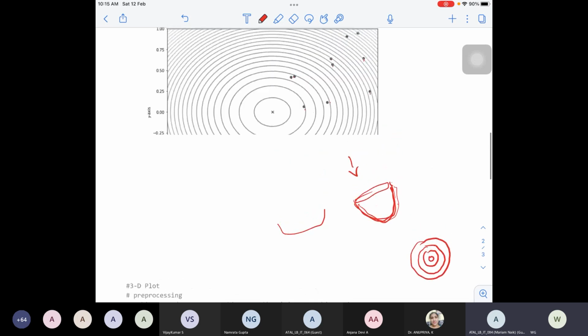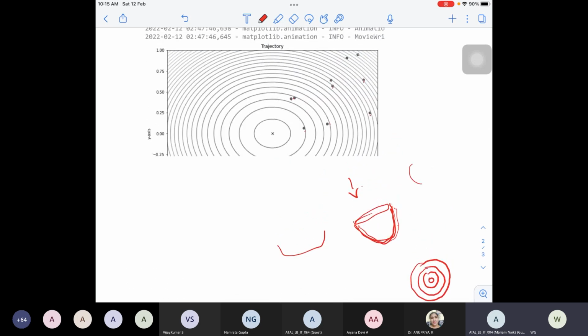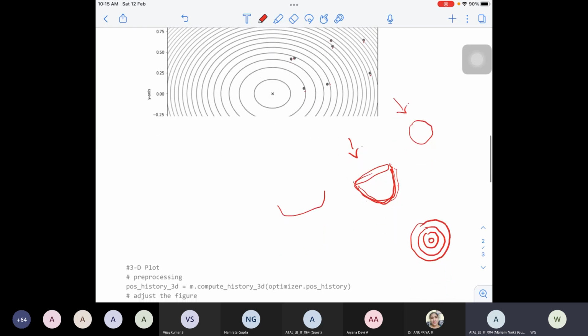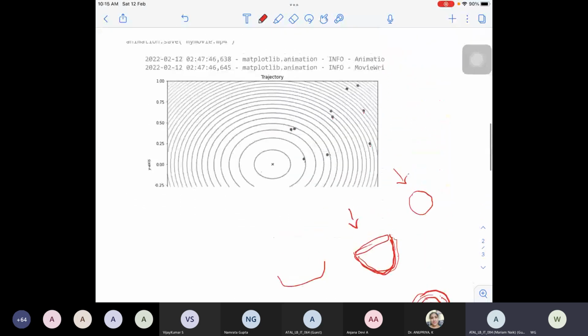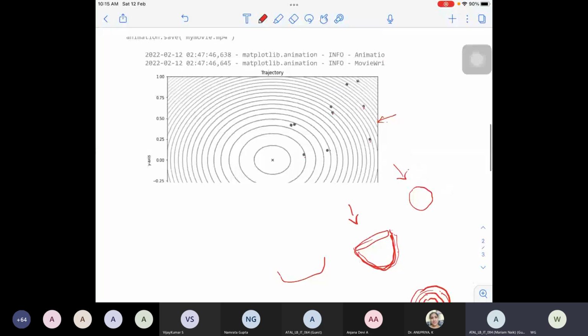So similarly, if you have a sphere and you take a top view of this sphere, you're going to have concentric circles like this, right? That is the contour plot. So here you have a contour plot, and this is going to be your entire solution space, right?